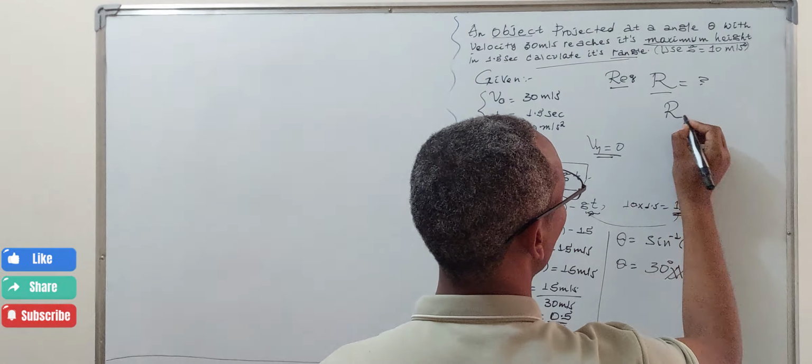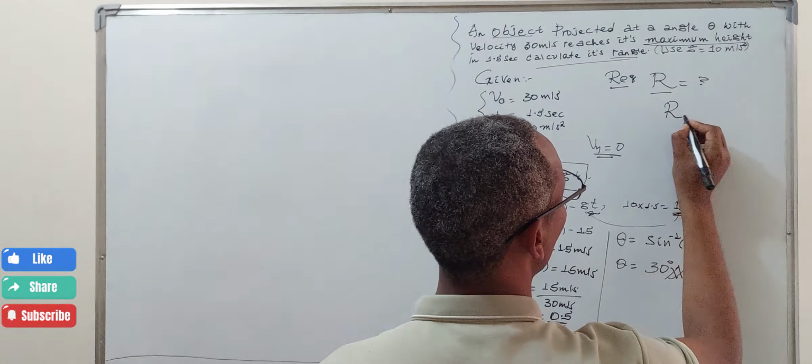That's the basic equation that will help you calculate the horizontal range of any projectile motion. Don't forget this one.